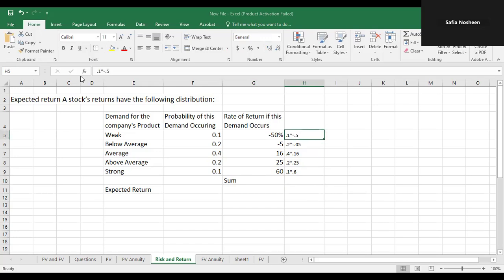So I am just going to solve it by putting an equal sign, converting it into a formula.